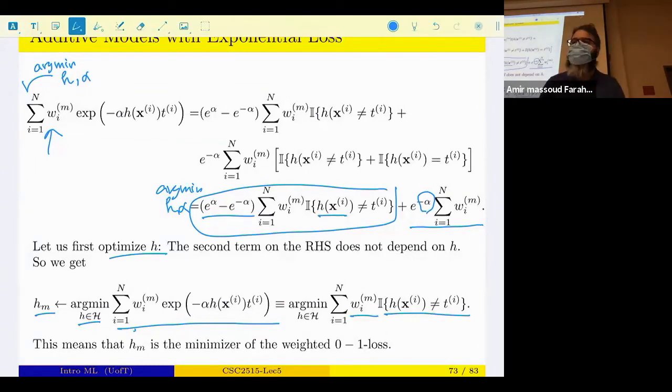So you recognize that this term is the usual 0-1 loss. So this counts whether the classifier is correct or not. But what is the difference? The difference is that we have a weight w. So the difference is this part. So we have to minimize a weighted 0-1 loss function.